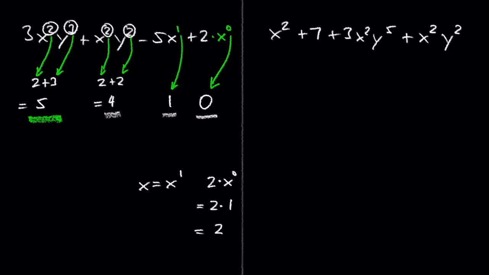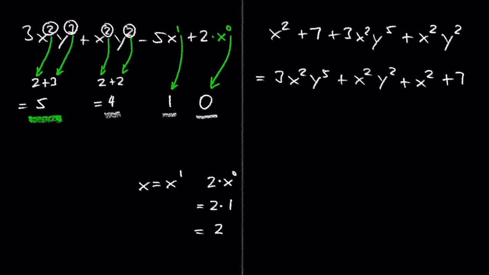In other words, order the terms from the largest degree to the smallest degree. So we get 3x squared y to the fifth plus x squared y squared plus x squared plus 7.